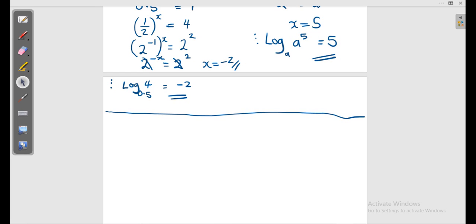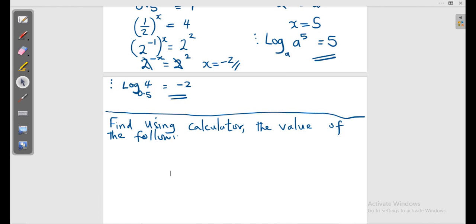Now, if a question says find using calculator the value of the following. Number 1, let's say log 15.